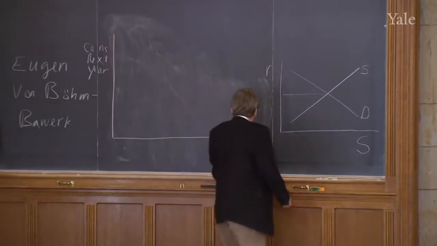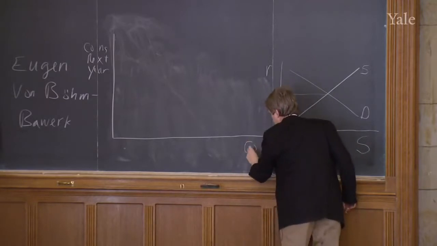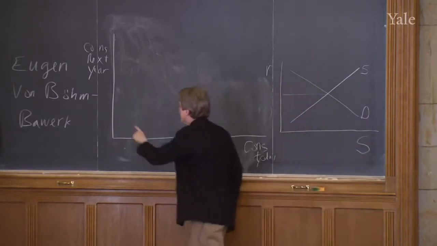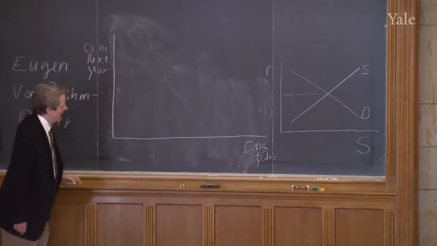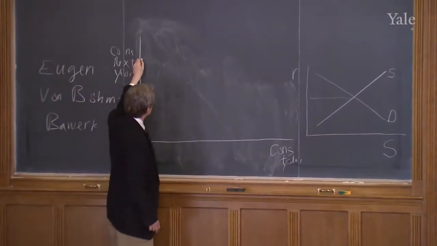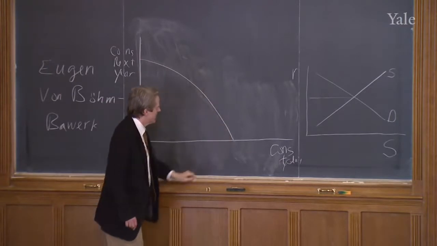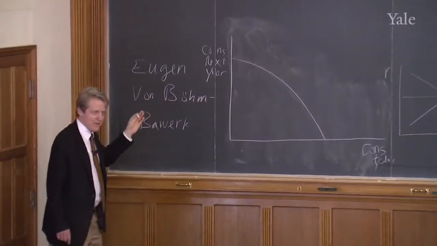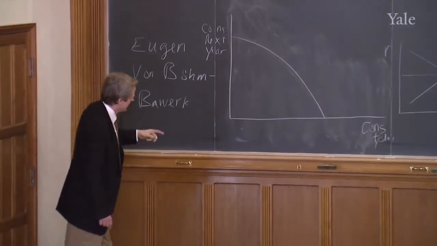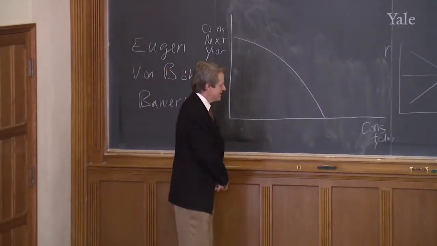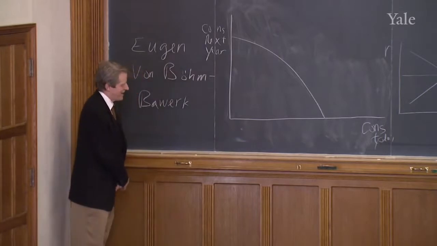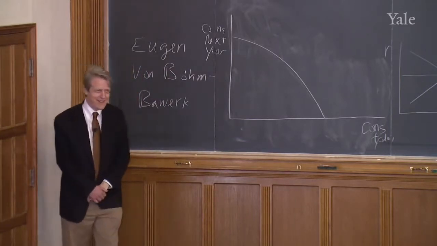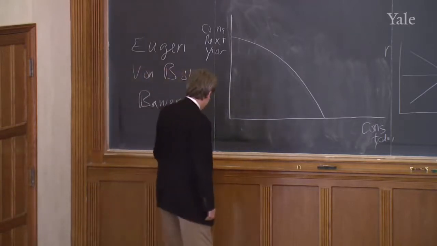So let me start out again. This is the same diagram, and we have consumption today and consumption next year again, and we have a production possibility frontier. That's the same curve that I drew before, and the technology is the same for both of them. Let's suppose they have the same endowment. But let's suppose that Crusoe A is very patient, and Crusoe B is very impatient.